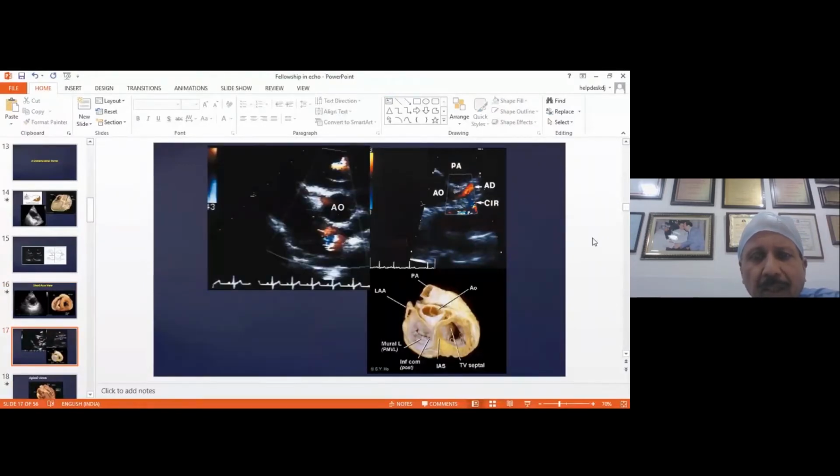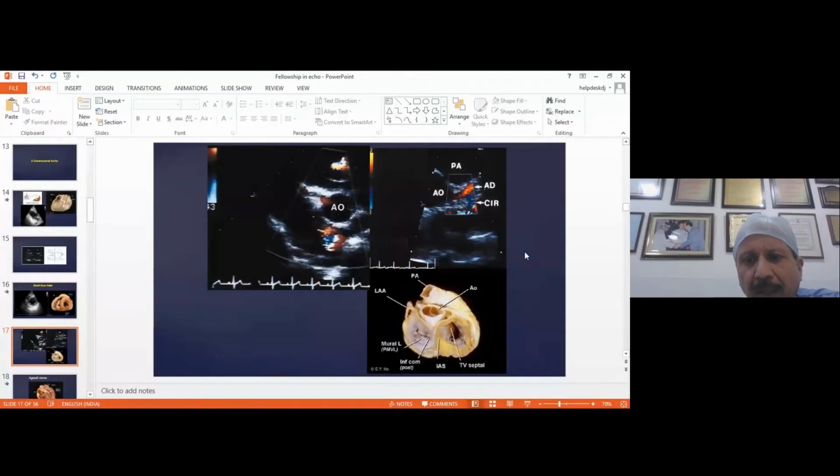And the addition of color added a new dimension. You could now see the regurgitations, you can see the other structures very clearly. And I will give you an example. But just see, in this specimen, you can see the aortic valve and you can see the interatrial septum, exactly what you can see in real life.